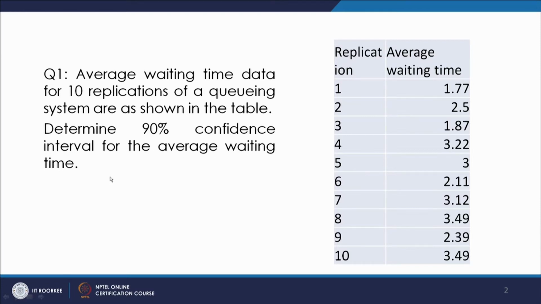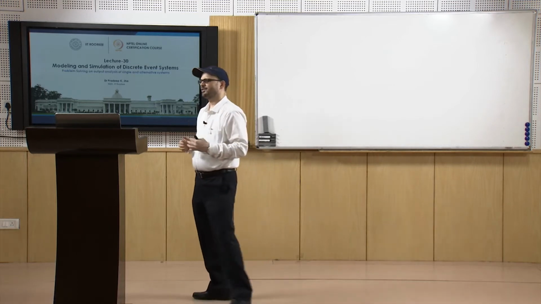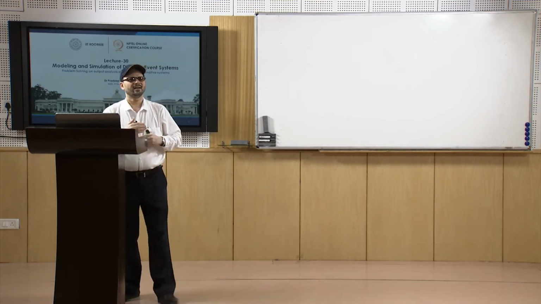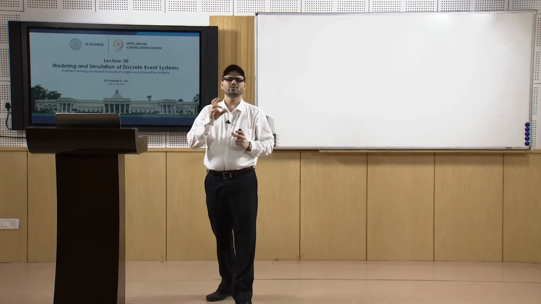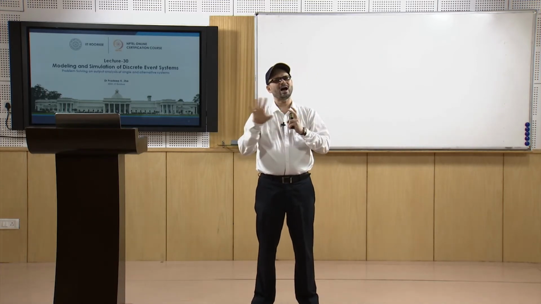As we know, in this case we have to find the mean waiting time first, the sample mean. The sample mean will be found by adding these waiting times together and then dividing by n, that is 10, so that will be x bar n, and then plus minus the half length.